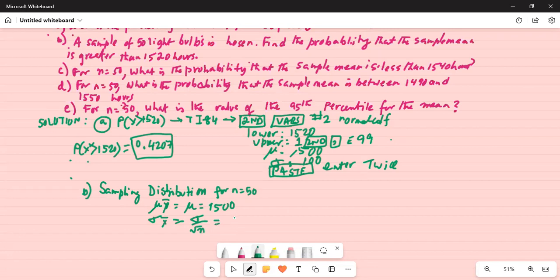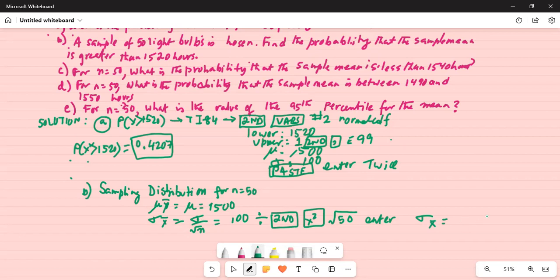My sigma is 100, and I'll do it directly in the calculator: 100 divided by, second button, then the x squared button, which gives you the square root, inside the square root 50, and enter.